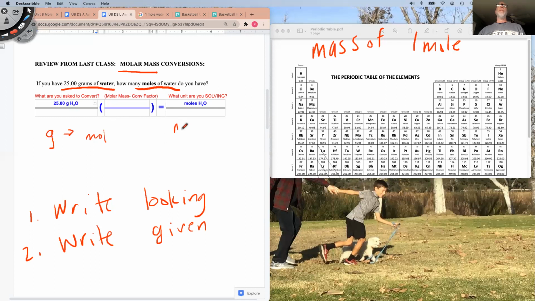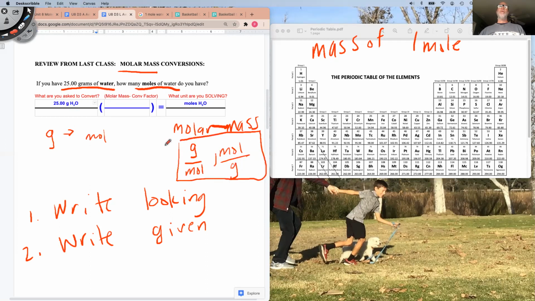We know the molar mass. What are the units for molar mass? The units are grams per mole, or mole per gram, because when we're using conversion factors, we can reverse those ratios. So what is the molar mass of water?